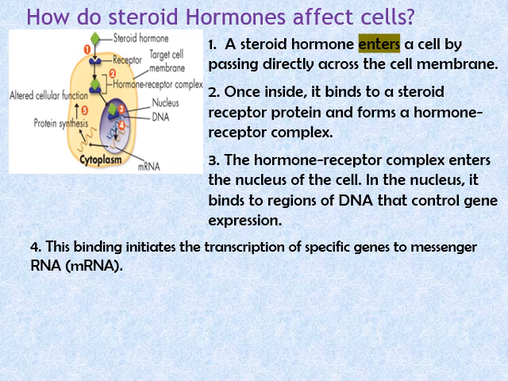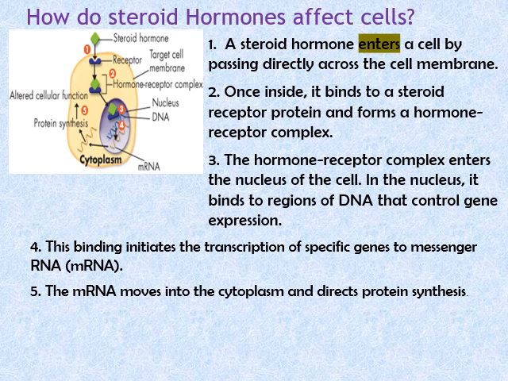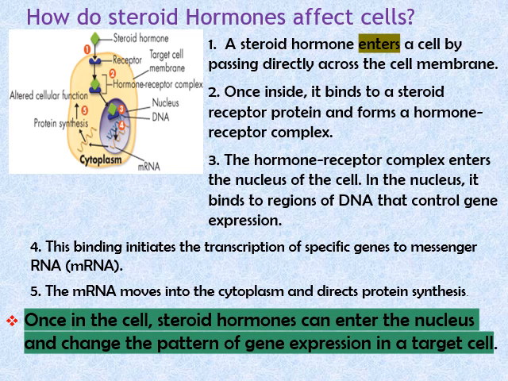Then this binding initiates the transcription of specific genes to messenger RNA. Finally, the mRNA moves into the cytoplasm and directs protein synthesis in the ribosomes. Therefore, the steroid hormones can enter the nucleus and change the pattern of gene expression in a target cell.